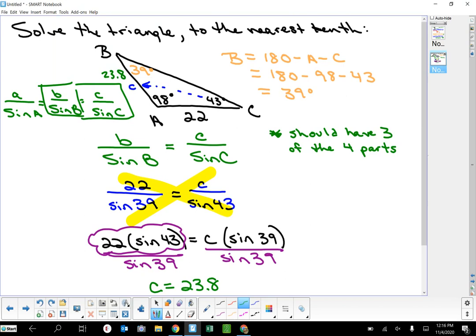Now we're going to repeat this process to find side A. Not much is going to change here. I'm just going to move some things over.